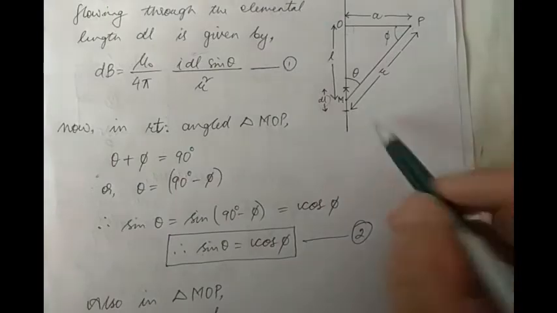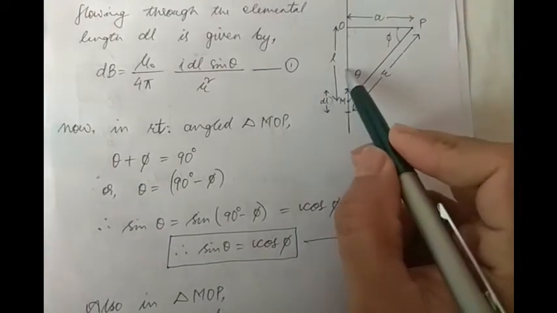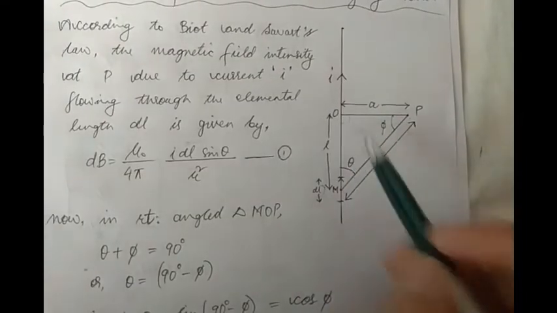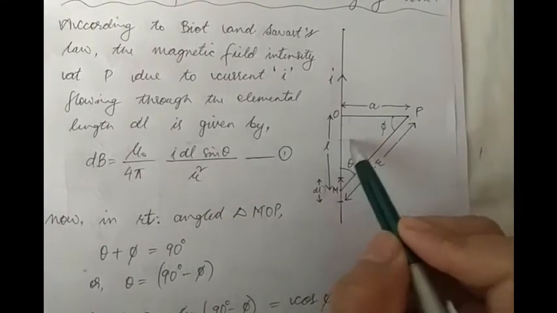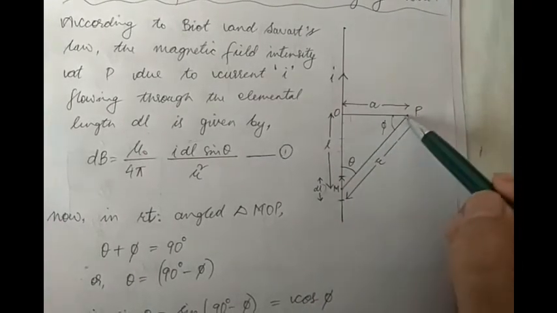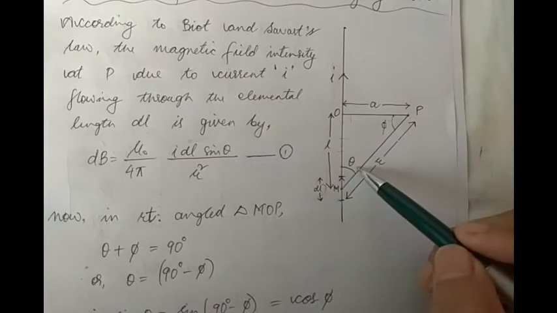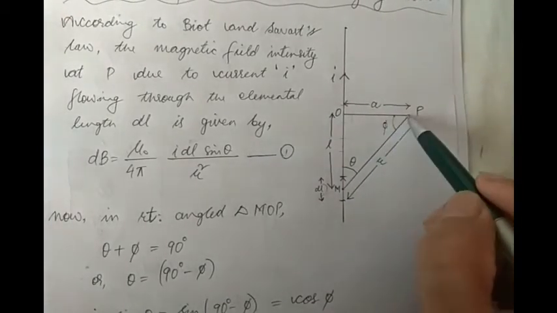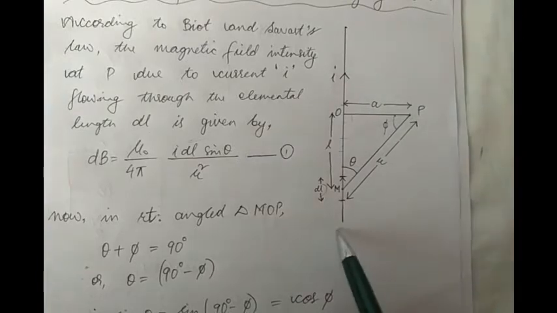Why? Since we could have chosen DL to be anywhere along the length of the wire. We could have chosen DL to be over here. If DL was here, this angle theta would be different. If DL was somewhere over here, this angle theta would be different.